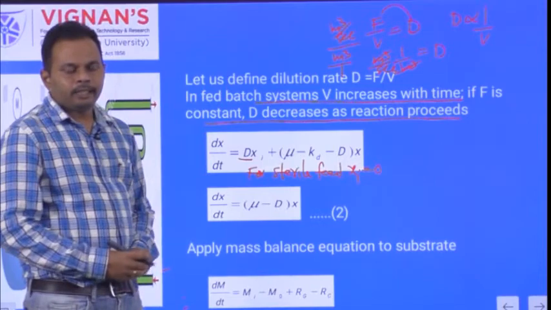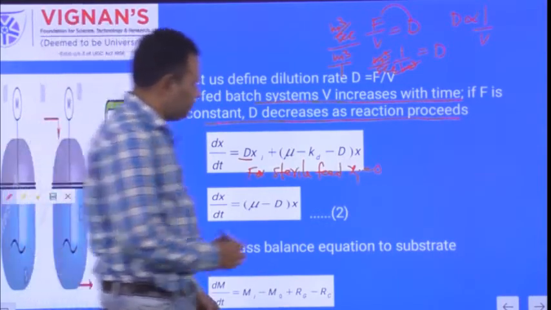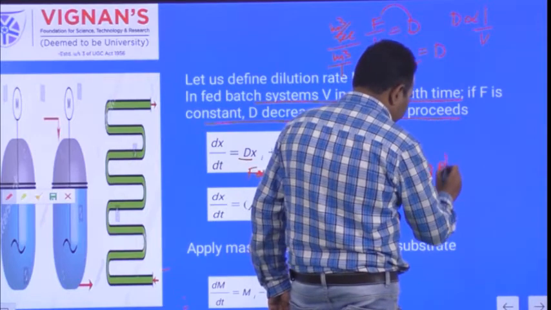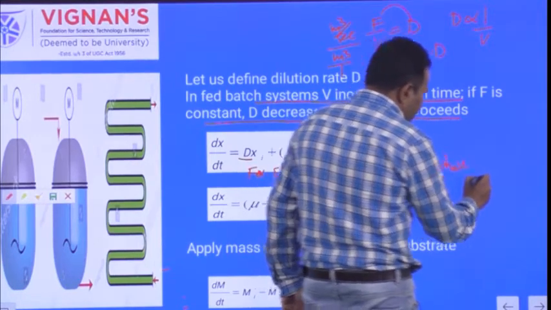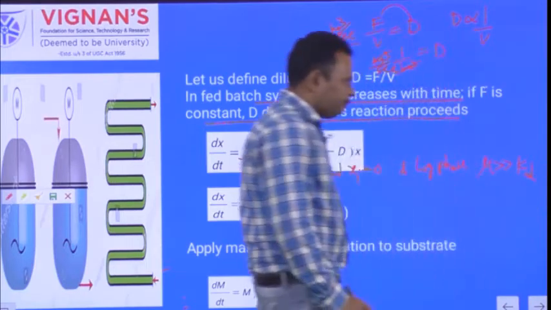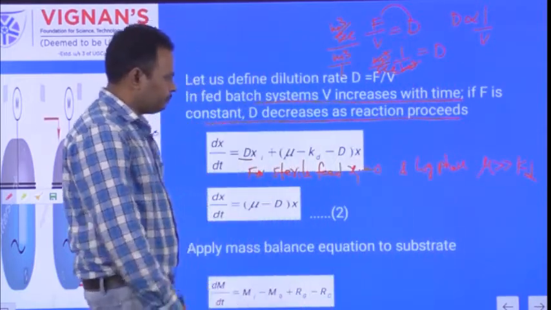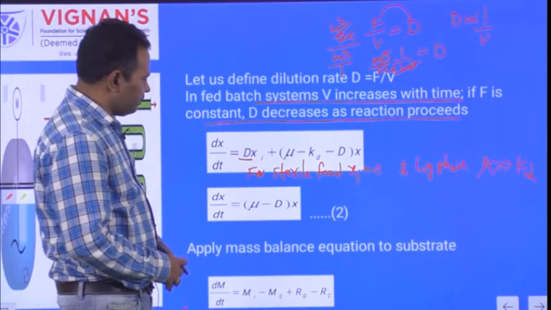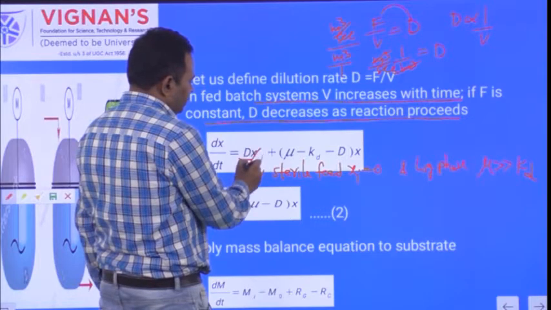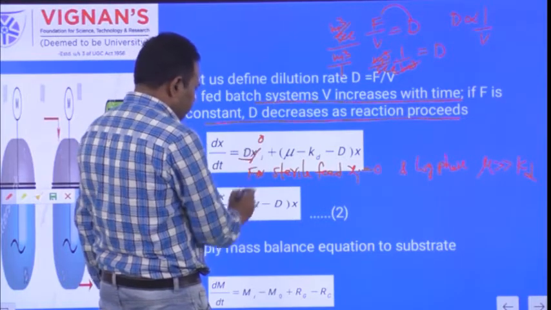Also, if you apply this equation to the log phase or exponential phase, mu is much greater than kd, the death rate. So when compared to mu, you can neglect kd. When you apply these two conditions, for sterile feed put xi is equal to 0, and this becomes 0 into D, which is 0.